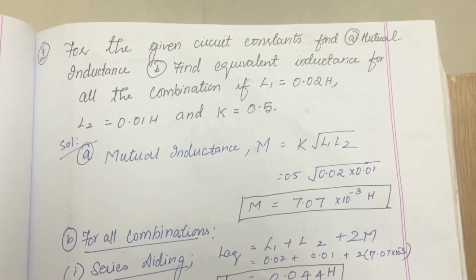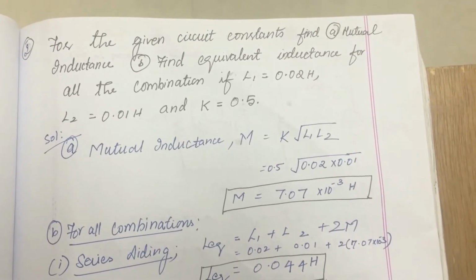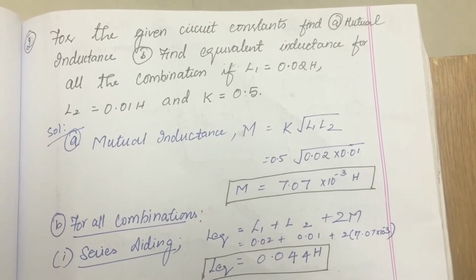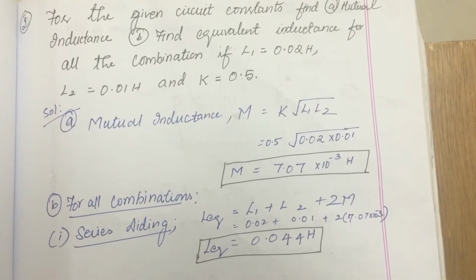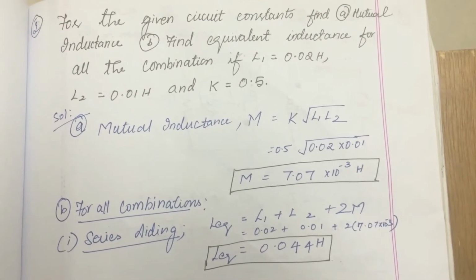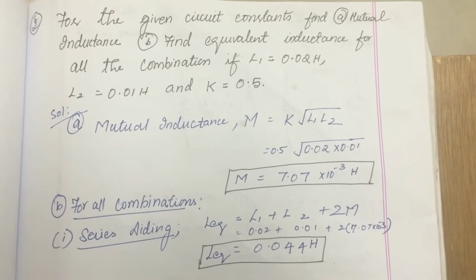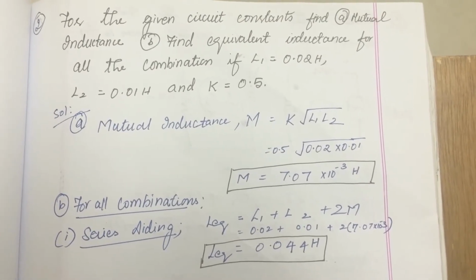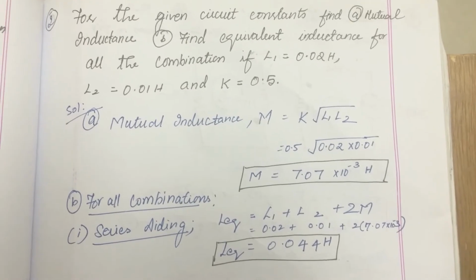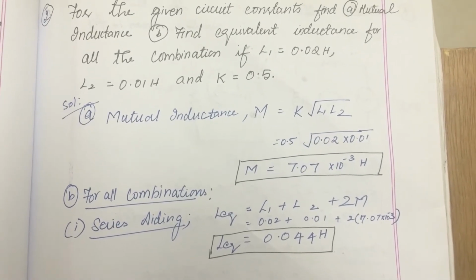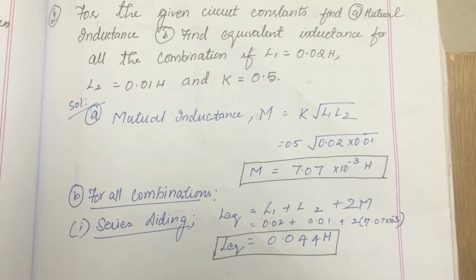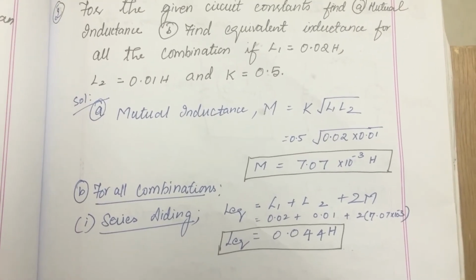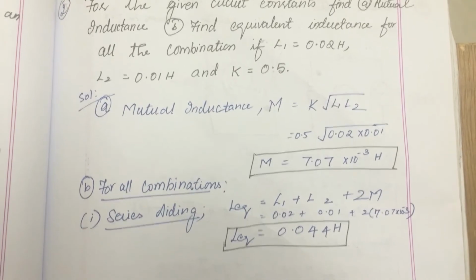The problem statement says that for the given circuit constants, find the mutual inductance. That is the first question. To find M, find the equivalent inductances for all the combinations. Equivalent inductances means LEQ. For all the combinations, we have only 4 combinations, so for four formulas we have to find LEQs, given the L1 value, L2 value, and coefficient of coupling K value.